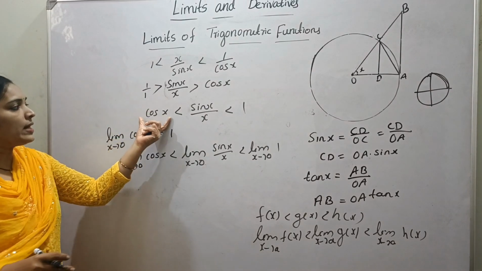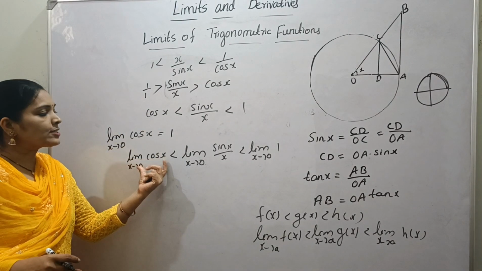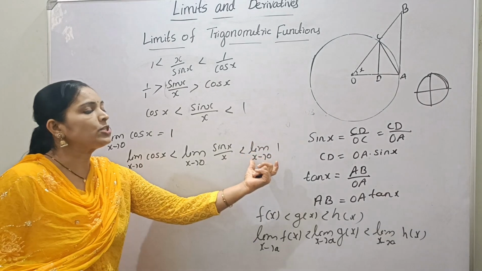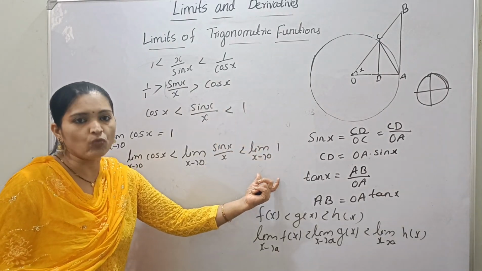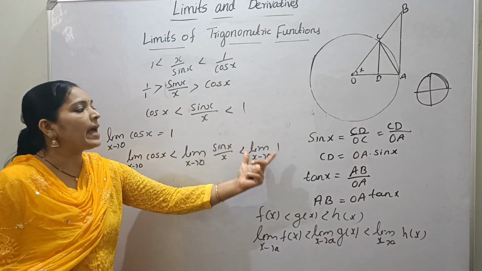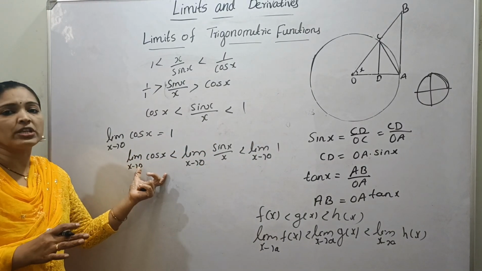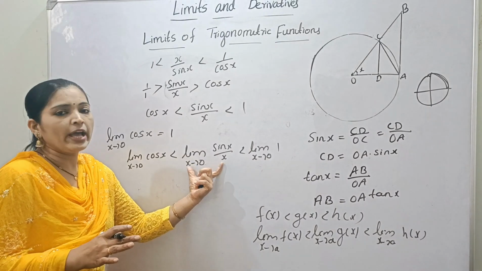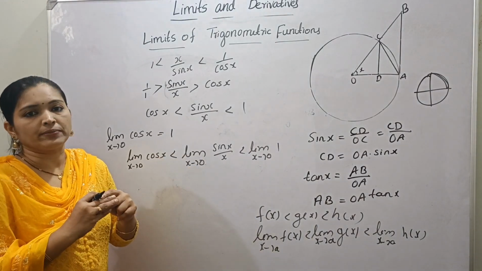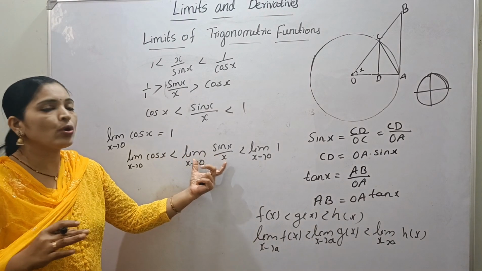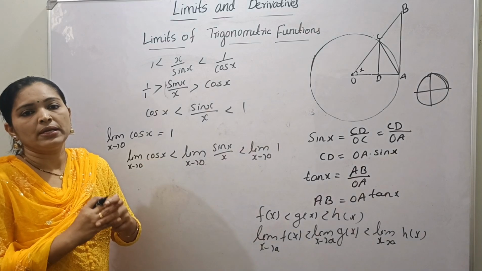So this value is close to 1, and the other side is exactly 1. So it is less than 1, and greater than this. That means this value is near to 1. It is also very close to 1.